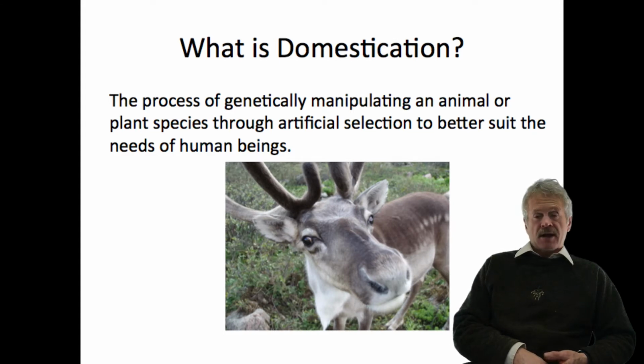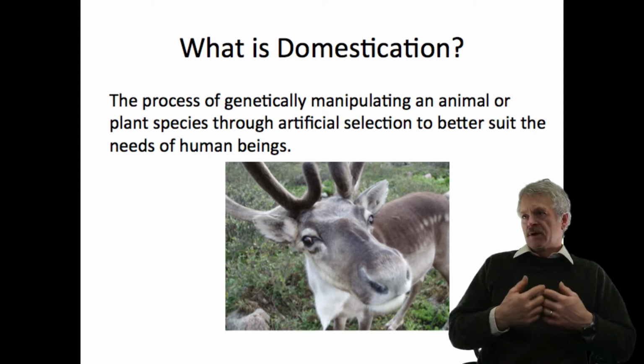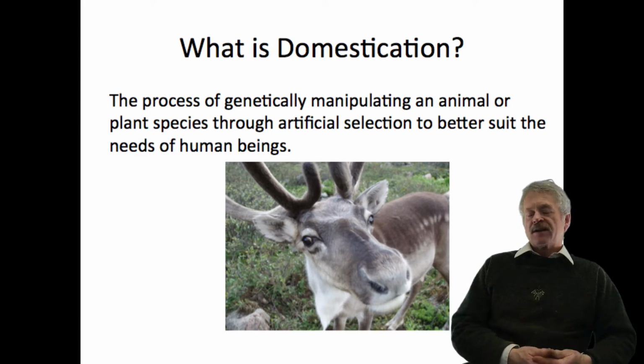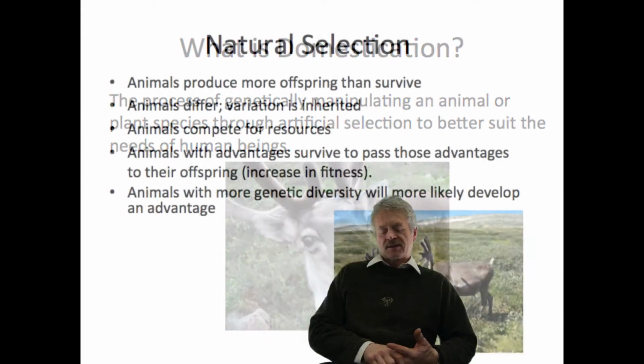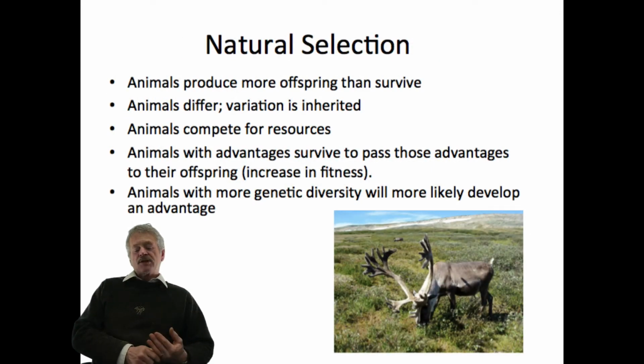You can tame a wolf or an elephant, but that is not the same as domestication. Domestication is a very specific process. Domestic animals are the result of artificial selection. Artificial selection is very different than natural selection.